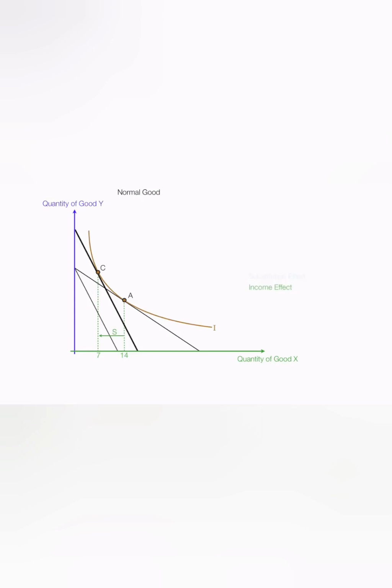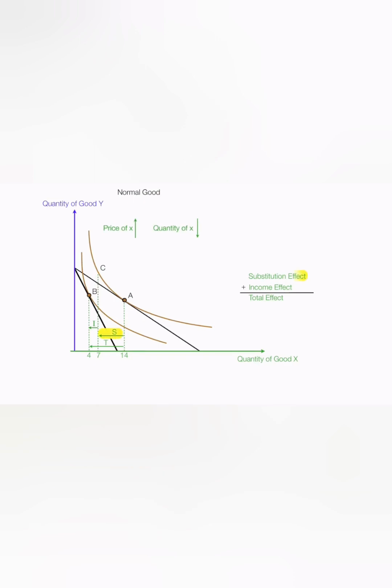I will move the budget line back right there. The remaining distance, I'll label I for the income effect. So as the price of X goes up, the quantity of X consumed goes down.